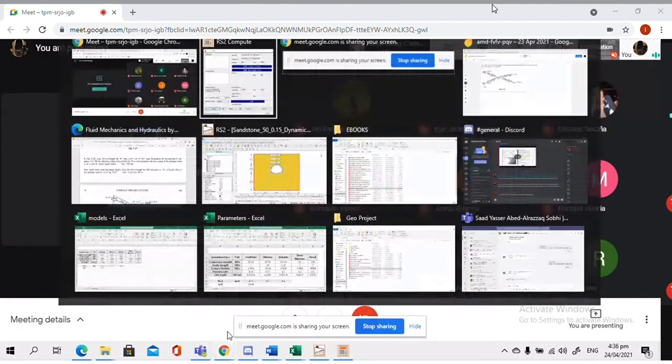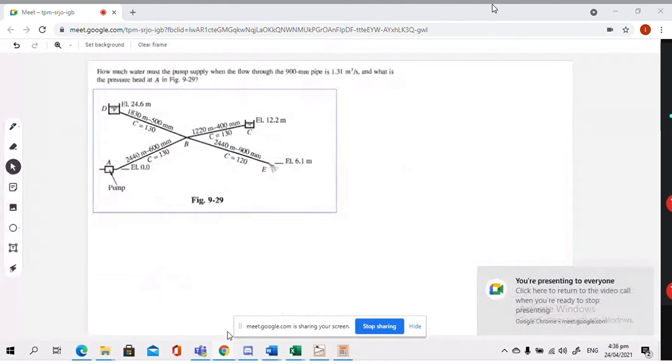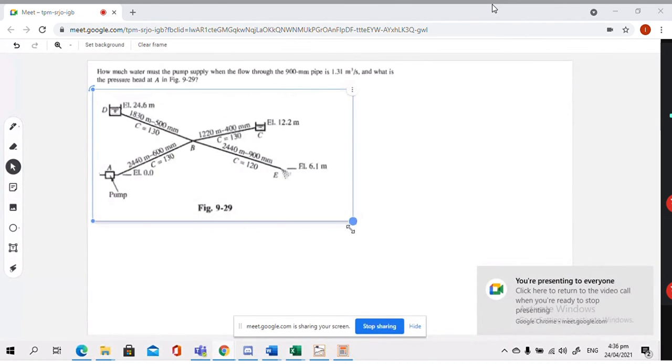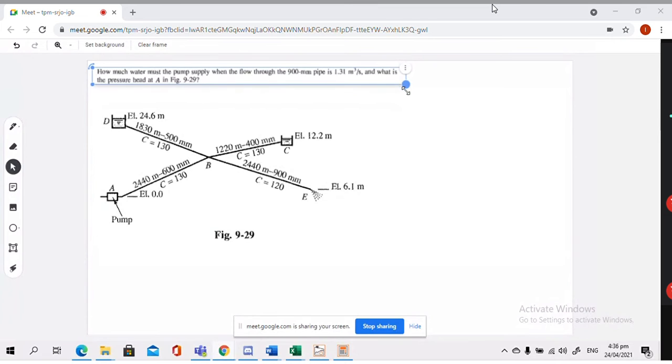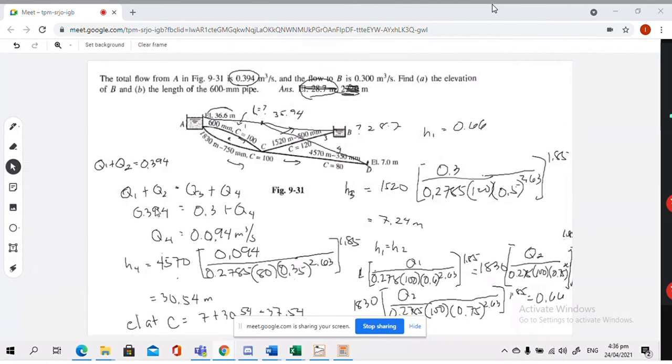Okay, so na to na solve. Ambot nga no. So kanina naman. Pero I'm pretty sure that the sakto ang atong pamaagi kay mao man jud gihatag sa problem. 0.394, 0.3, okay. 0.3 man jud so 0.094 jud.